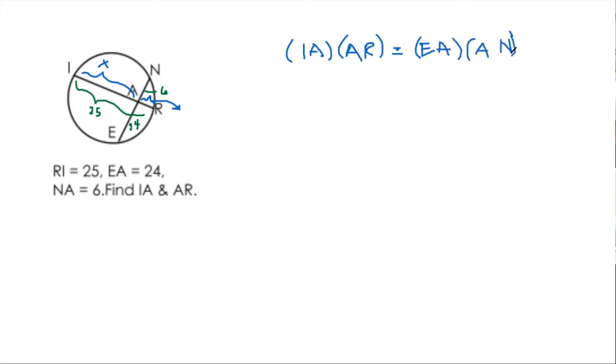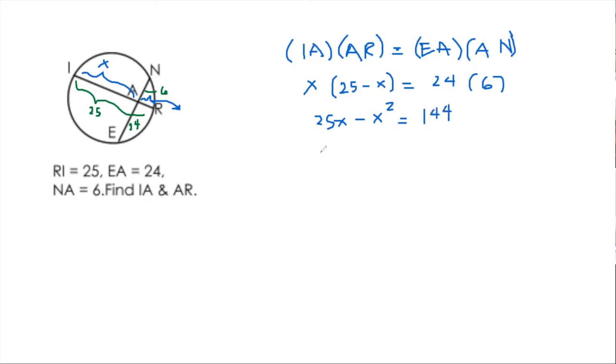Since we have assigned IA as x, therefore AR is 25 minus x. And then EA is 24, and AN is 6. So 25x minus x squared is equal to 144. Tama ba? Yeah, 144.